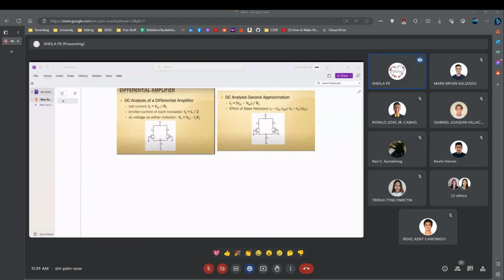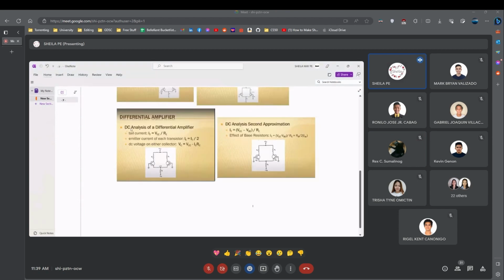Now for ideal, ang gibuhat ni Engineer Kath for the DC analysis of a differential amplifier, iyang gitreat ang transistor as a switch only. So tail current is just equal to our VEE divided by RE, right?